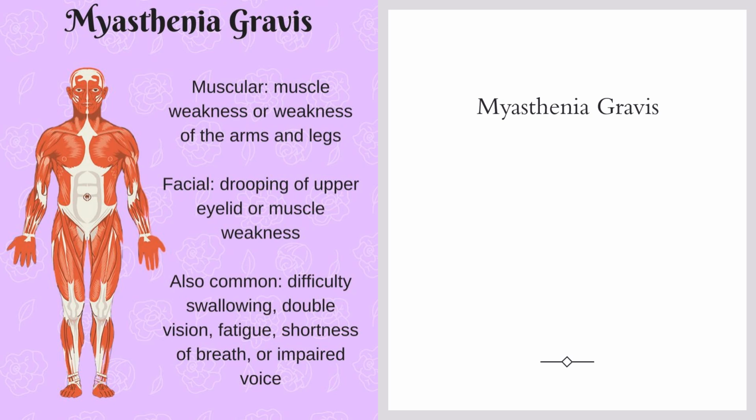This patient could potentially need respiratory support, because remember, this affects the respiratory muscles. If they're in this crisis state, they can actually go into respiratory failure, and that would be very dangerous for this patient. This is just diagnosed on their history, on their presenting symptoms, and then if they have those antibodies for the acetylcholine.